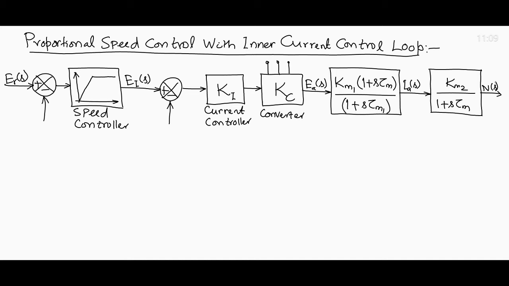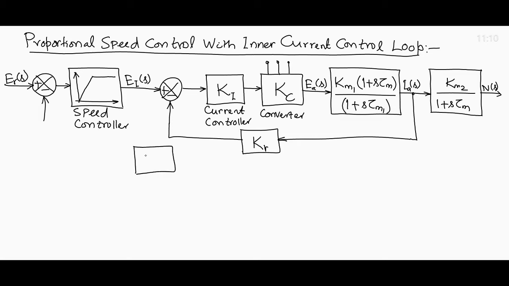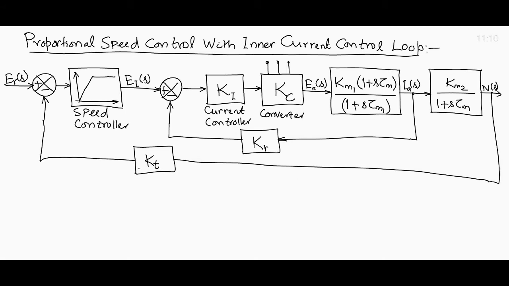Then there is a current feedback, and for the current feedback we have a current sensor whose gain is Kr. Then for the speed sensor there is a gain Kt, the taco generator gain. So this is serial we are numbering. This is figure 5, that is closed loop speed control with inner current control loop and current limit control.